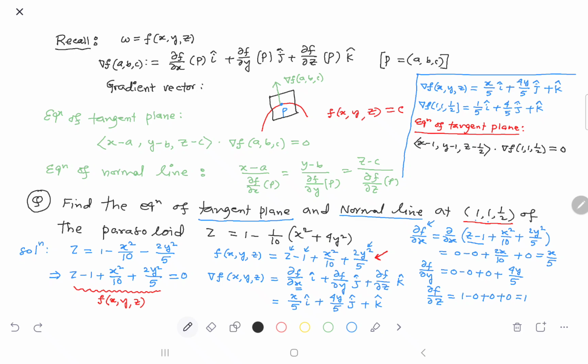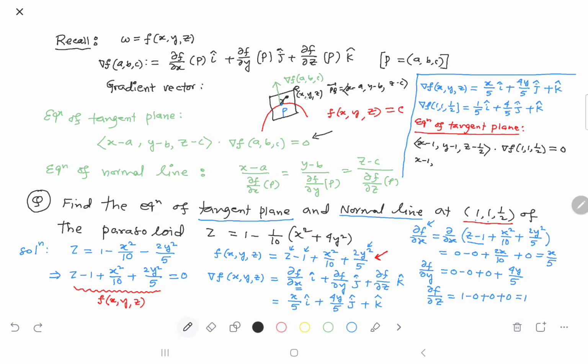Okay, Mayan, clear? Right. So you have to remember this, and why it is: the gradient vector is normal to the tangent plane. If you take any point on it, let's say Q is (x, y, z), then the PQ vector will be perpendicular to the gradient vector, and the PQ vector is given by (x minus a, y minus b, z minus c).